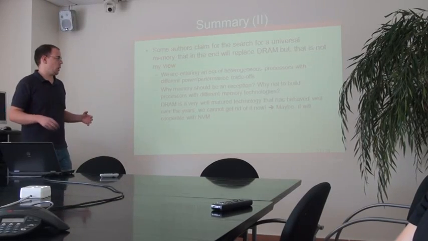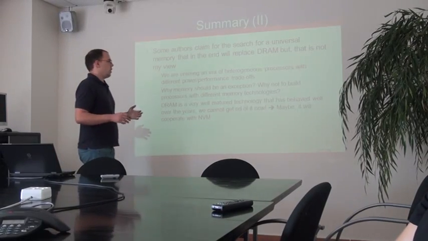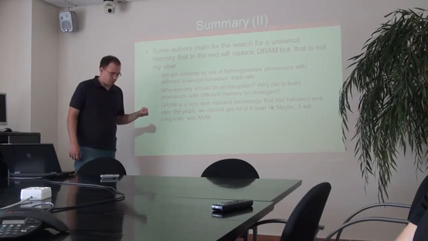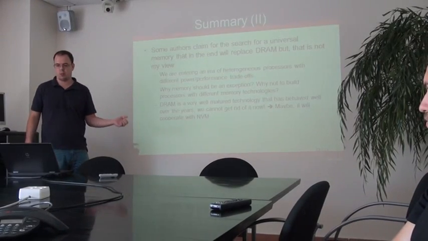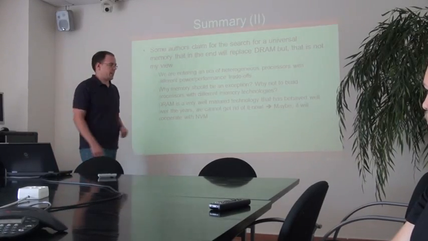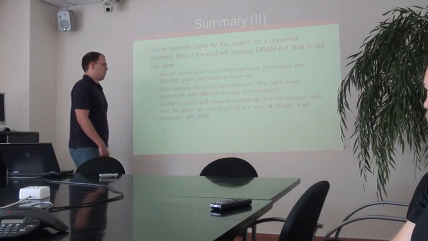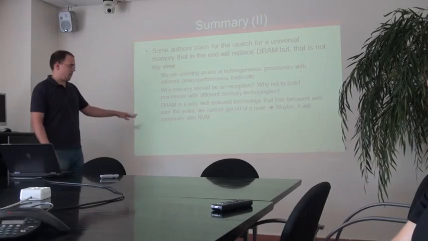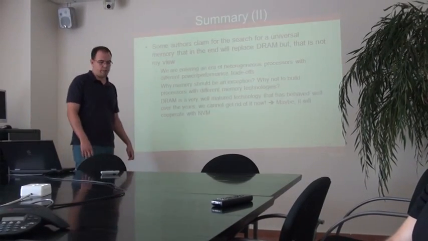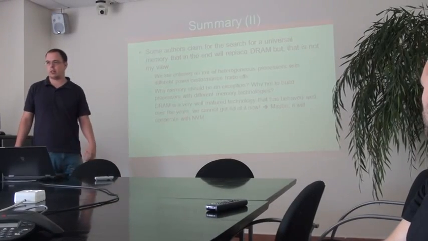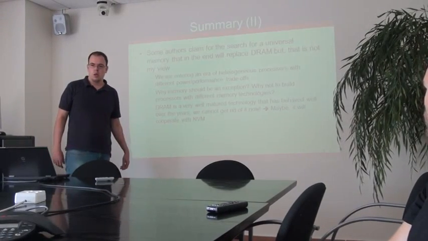So why not integrate different memories to different cores based on these trade-offs? Why should memory be an exception in this heterogeneous world? And also, DRAM is a very mature technology that has worked very well for 30 years, and we cannot get rid of it now.